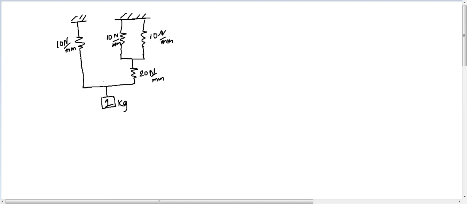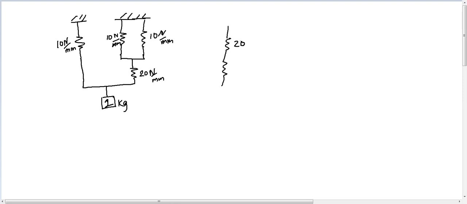So for this configuration of the springs, what is the natural frequency of this mass? And we know that these two are in parallel case, so the equivalent stiffness of these two must be 20 newton per mm. So this 20 newton per mm and this 20 newton per mm are in series.